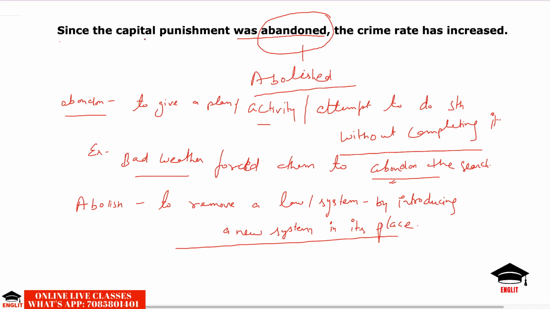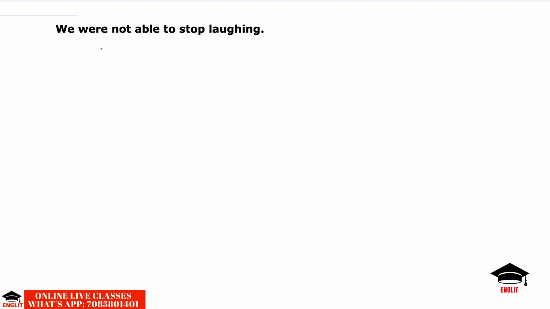So since the capital punishment was a law, and since it was abolished, it was removed, the crime rate has increased ever since. So the increase in crime rate is just because of the removal of the capital punishment. So these two words, abolish and abandon, look alike, but unless they are used judiciously, appropriately, they cannot give their desired effect. Next question.